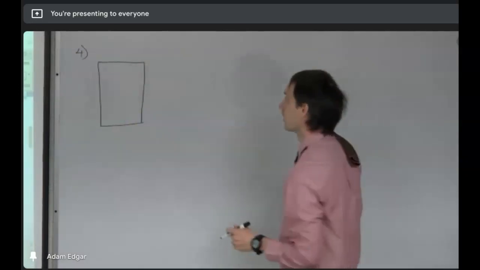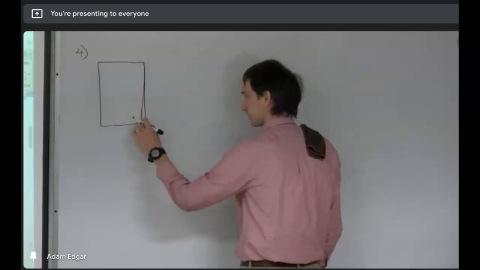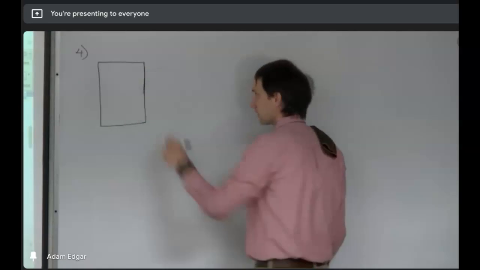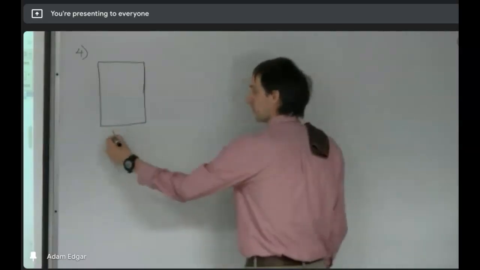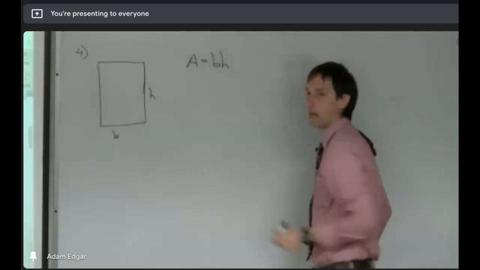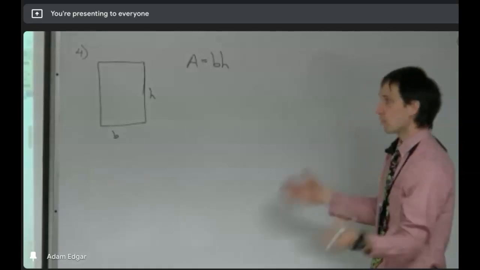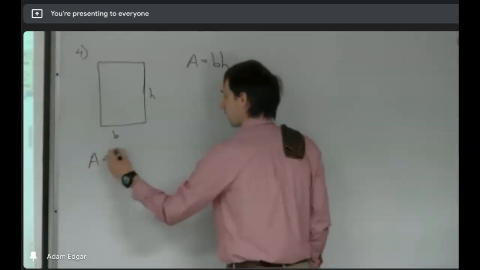All right, we're going to pretend that's a rectangle. So you have base and height, and area equals base times height, and then what do we know? Area is 64. What else do we know?